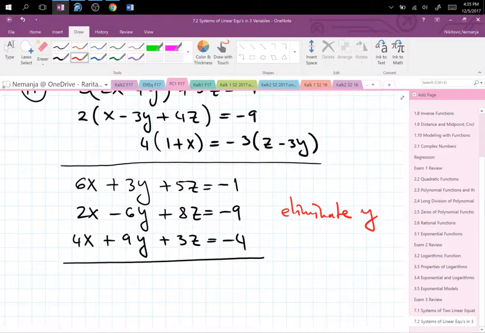Why? We can also eliminate x. We can pair x this way as well. What did you eliminate, x or y?